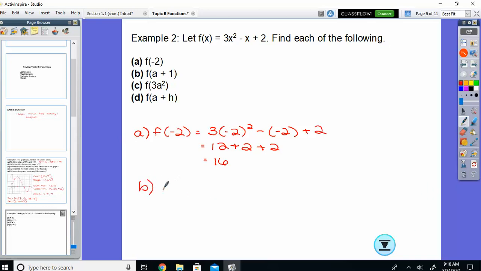B. F of a plus 1. So what do we do? Plug in an a plus 1 for everything. How do we deal with that a plus 1 squared? That means you have 2 of them.